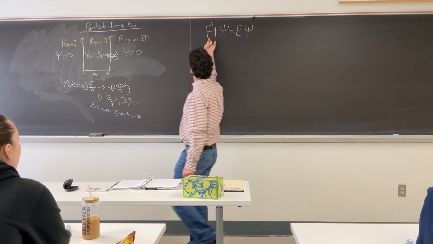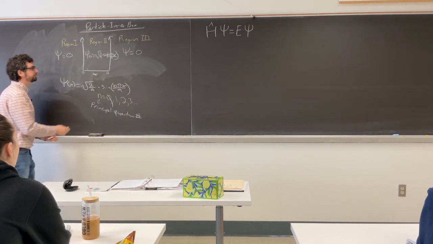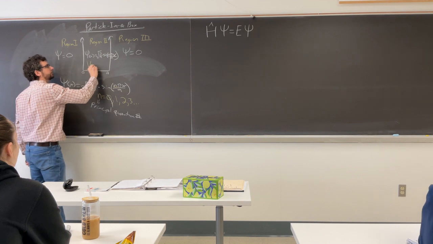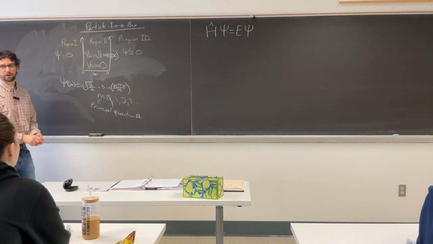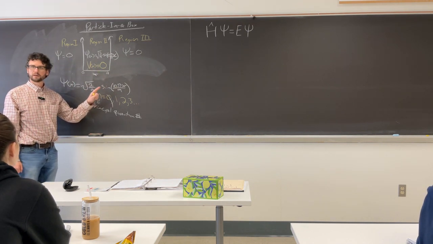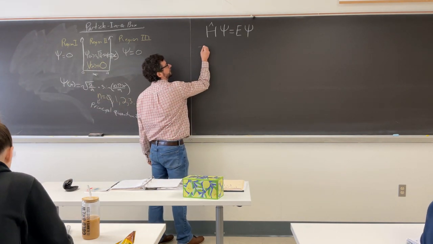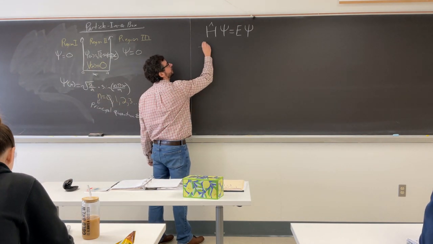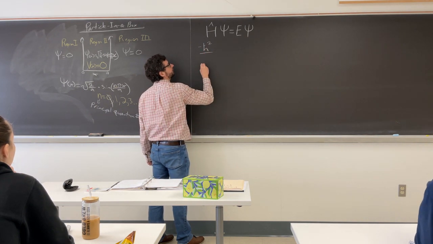Okay, H bar. The nice thing about region 2, what do we know about the potential? Yeah. So therefore, Hamiltonian operator, does it have any potential energy operator? Nope, just has kinetic. And we know what that kinetic energy operator is. What is it? Yep.